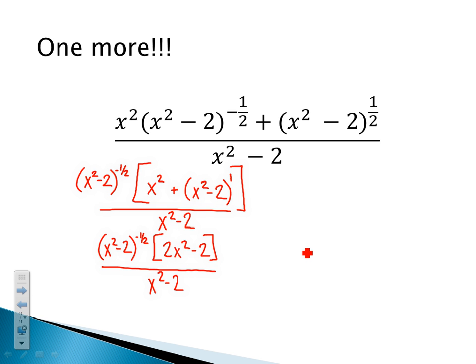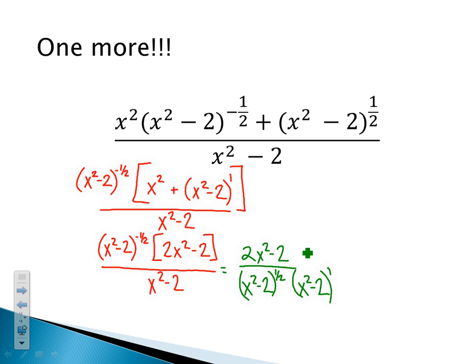Okay, now, the last thing that we need to get rid of is that negative power on the top. So it has to go down below. So leave the 2x squared minus 2 that was in the bracket. It's staying put. The x squared minus 2 from the top comes to the bottom now, and it has a positive 1/2. And we already had an x squared minus 2 to the positive 1 power down there.